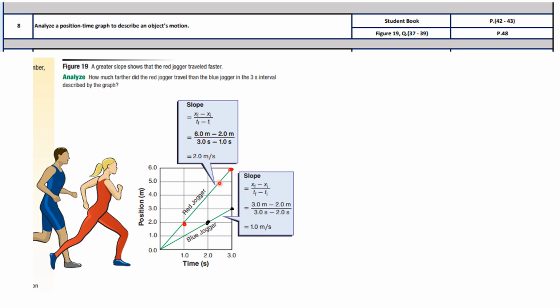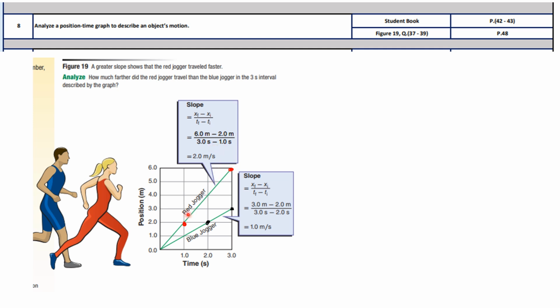Usually we choose 2 points, here in the red and here in the black. In the example in the book, they choose 2 different points: y final minus y initial over x final minus x initial. In this case, it's 6 minus 2 over 3 minus 1, and the answer is 2 meter per second.